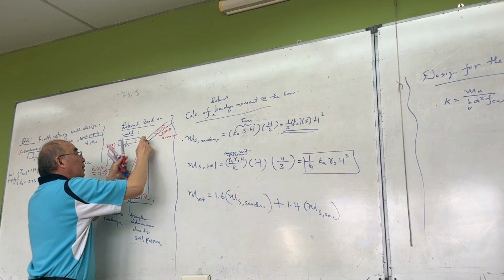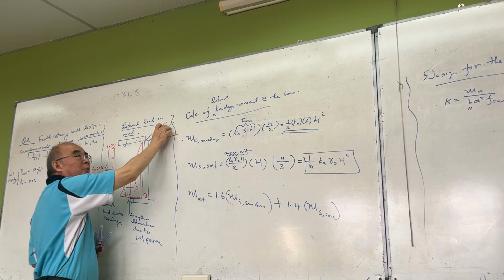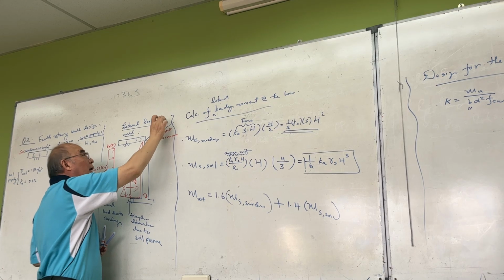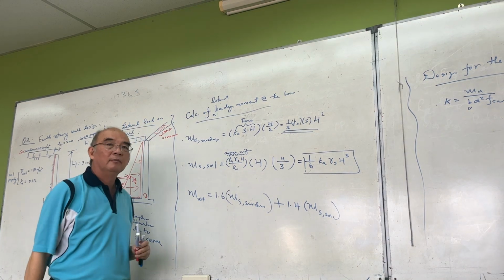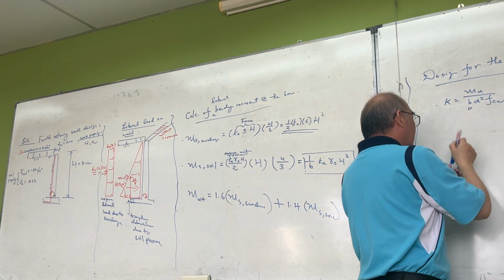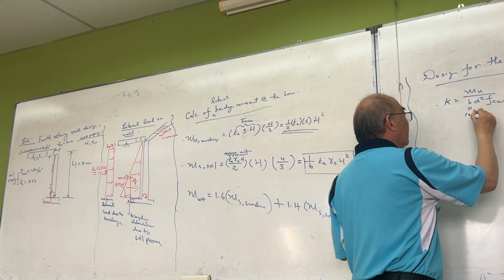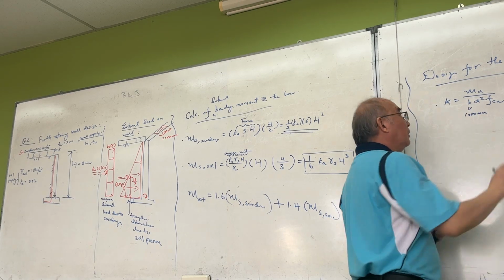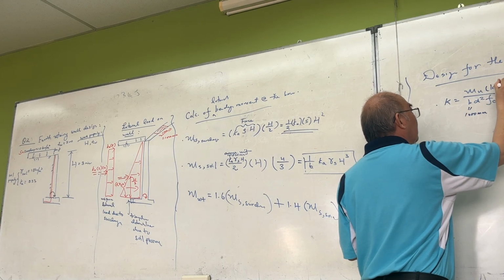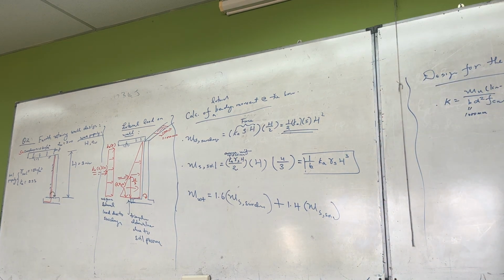That means this could be 30 meter, right? So we design per meter width basis, and then we repeat. So because it is per meter width basis, the B is 1000 millimeter. This one normally is kilonewton meter, and then you need to convert it to 10 to the 6 Newton millimeter. Understand?